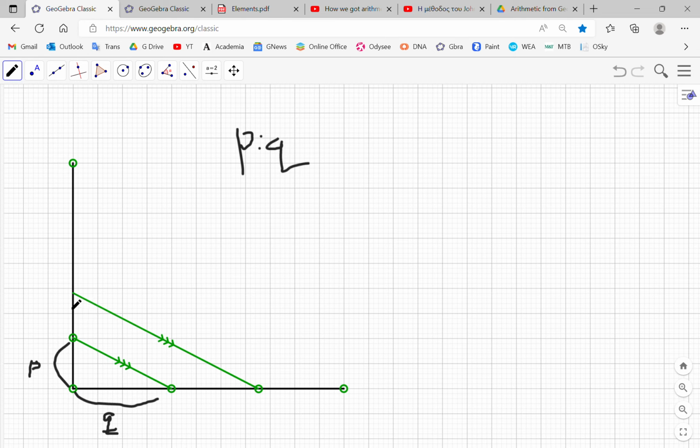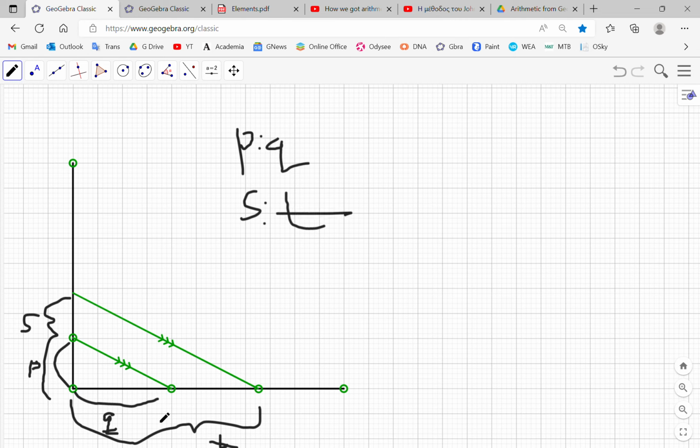So this here, over here, is an equivalent ratio to PQ. ST is just another equivalent ratio. This is basically what you need to know for what I'm about to explain. Let's close this because I don't need it anymore.